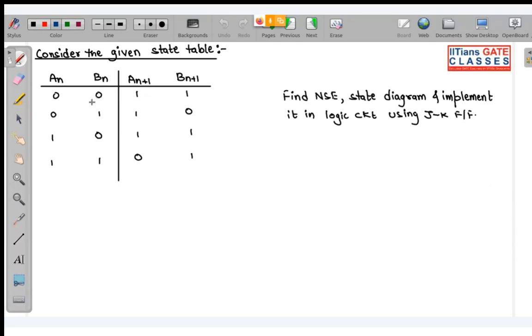Now they are asking to find the next state equation, the state diagram, and implement it in a logic circuit using JK flip-flop. So how are you going to do this? Think about this question for a minute and then we will solve.